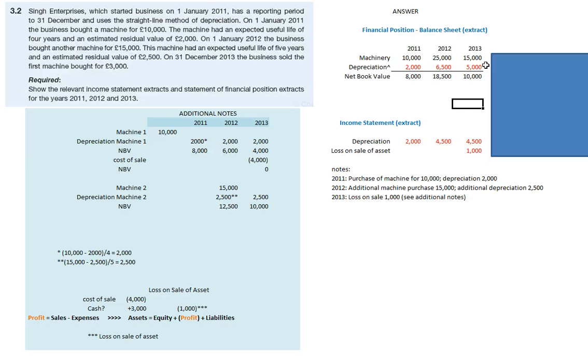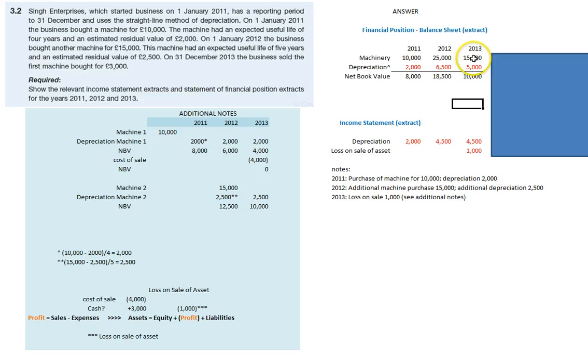So we've got rid of all those, and then also we have made a loss on the sale, which is not going to appear here because this is just about what machinery we have and what provision we've got against that machinery. So 2013, the position is actually reasonably clear.